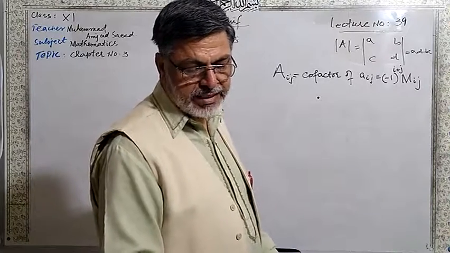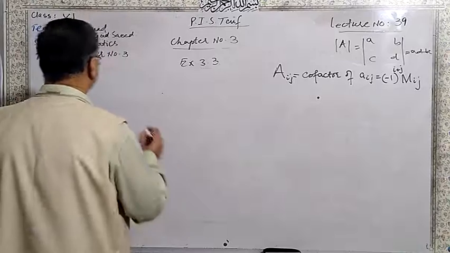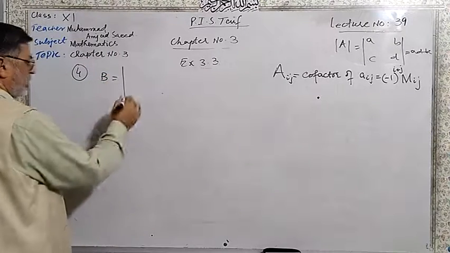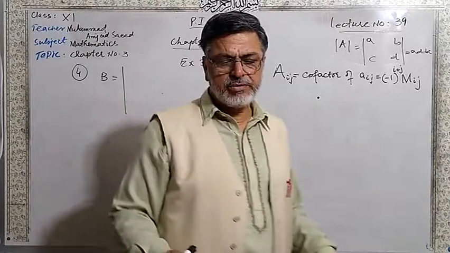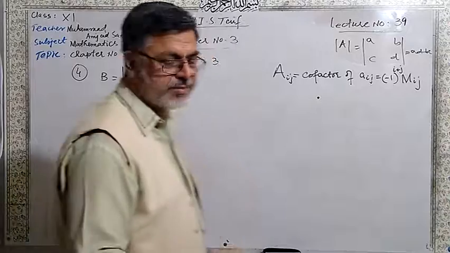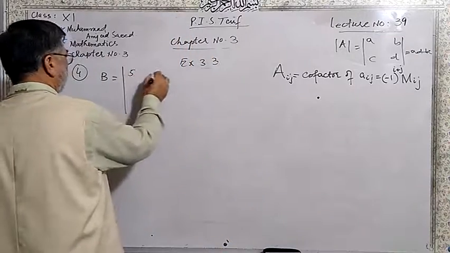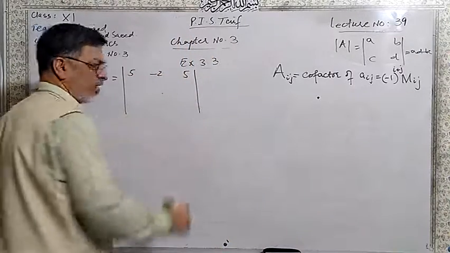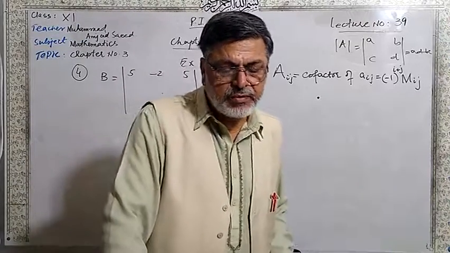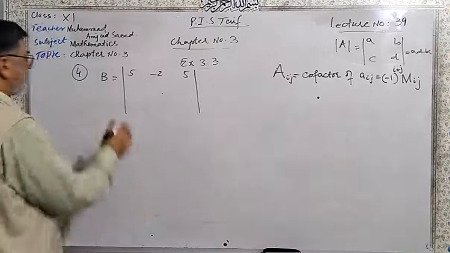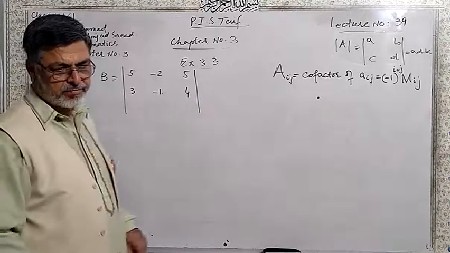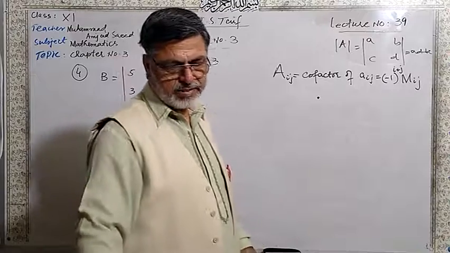We have B is equal to 5 minus 2, 5, then 3 minus 1, 4, and minus 2, 1, minus 2.